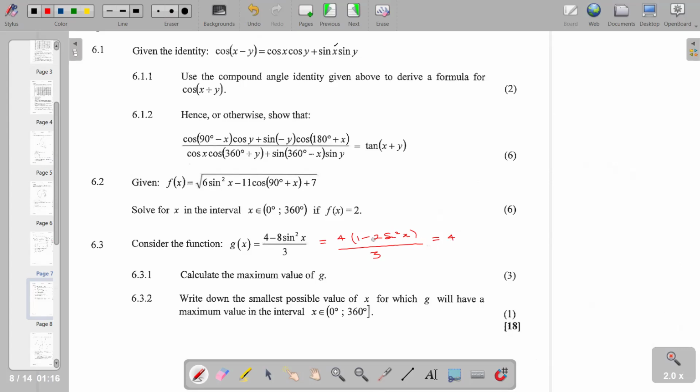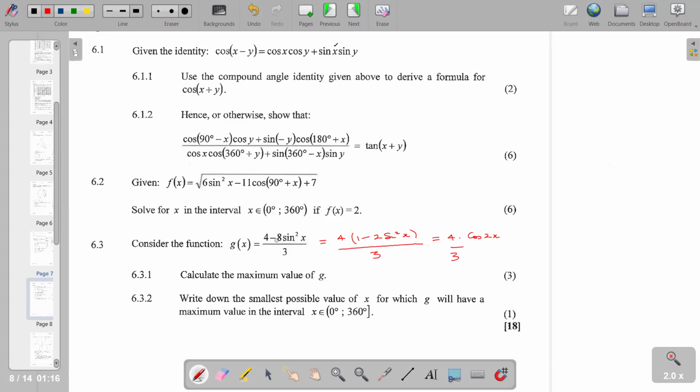Then from our formula sheet, 1 minus 2 sin squared x, we know this is going to be equal to cos 2x. Then we say over 3, not 4 there, over 3.